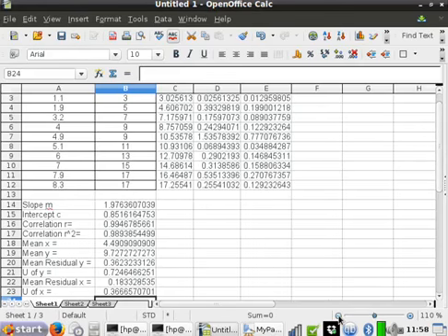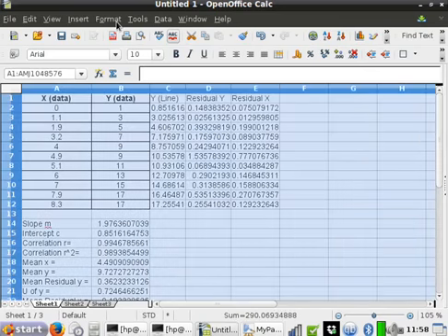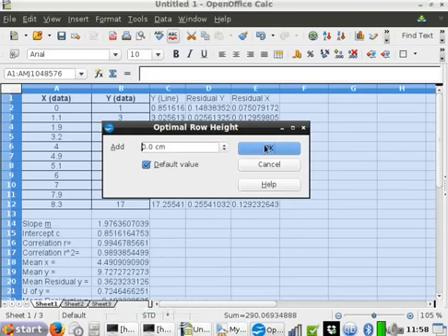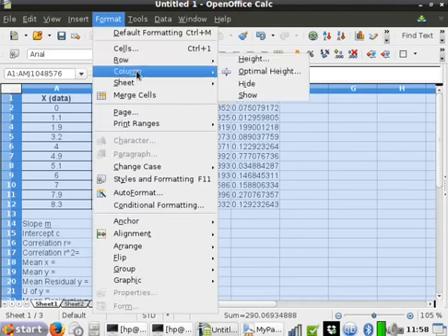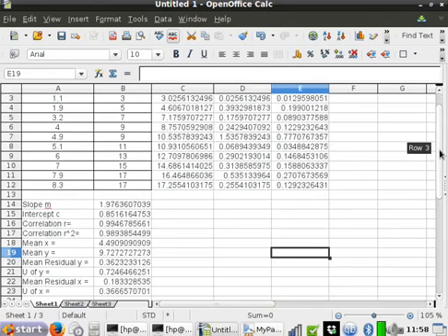I'll try and squeeze this in a bit more. No, that's as good as it's going to get.